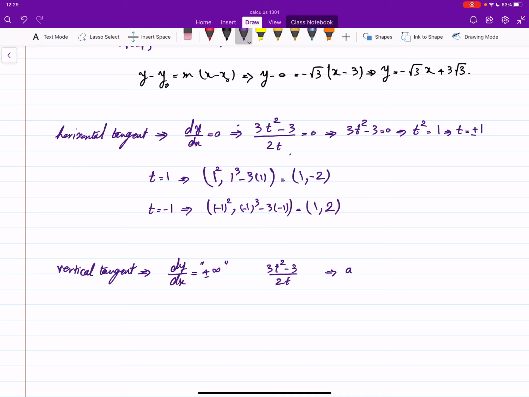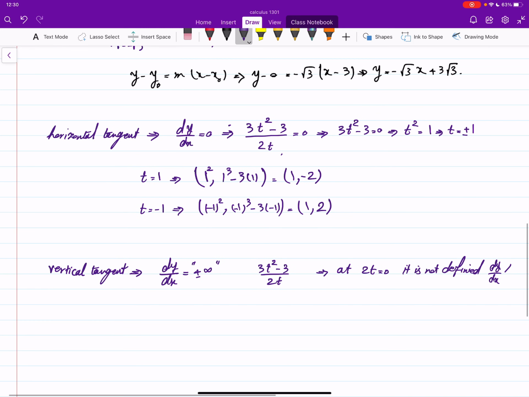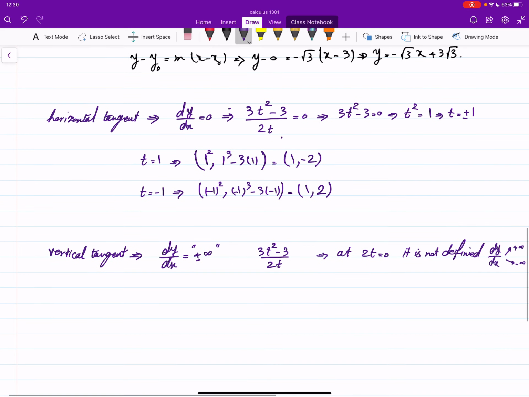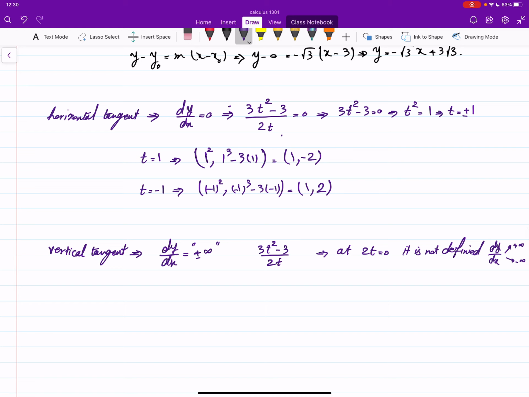So at 2t equal to 0, it is not defined, and at that point dy/dx will go to either plus infinity or minus infinity. That's the key point for us, because if I set 2t equal to 0, which means t equal to 0, this will give me the point at which the tangent line is vertical.